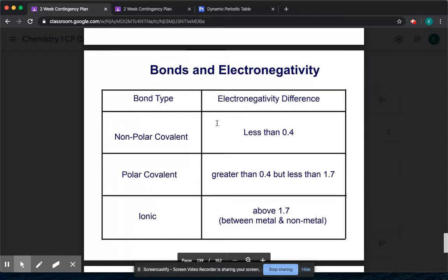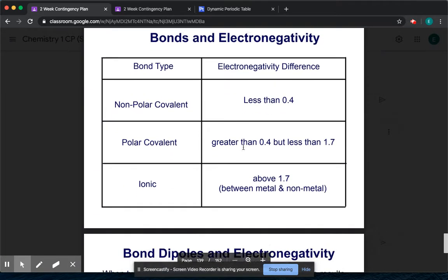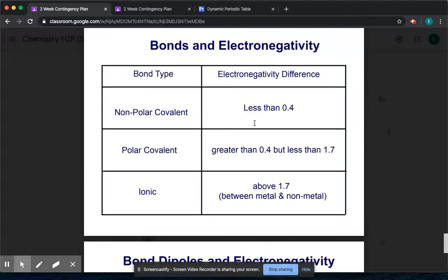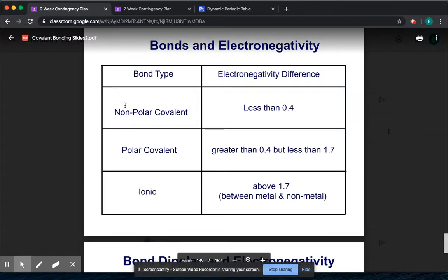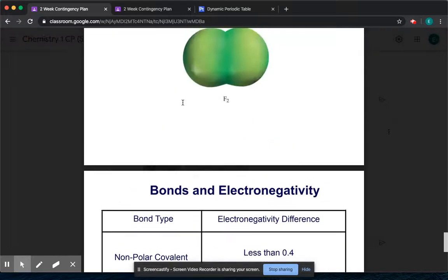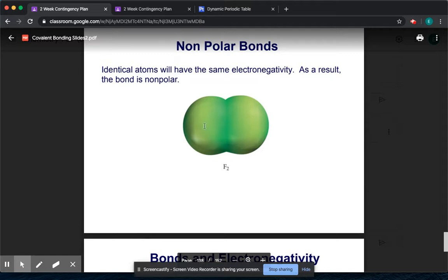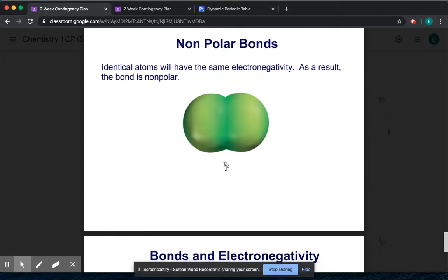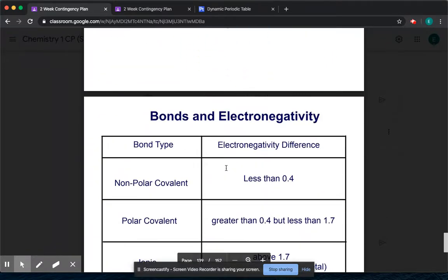Now, for the type of bond you get, there are some rules. You just have to follow the numbers. If the difference in electronegativity is less than 0.4, you have a nonpolar bond. This would be a nonpolar bond. You have the exact same atom. If you have the exact same atom, the difference between them is going to be 0.